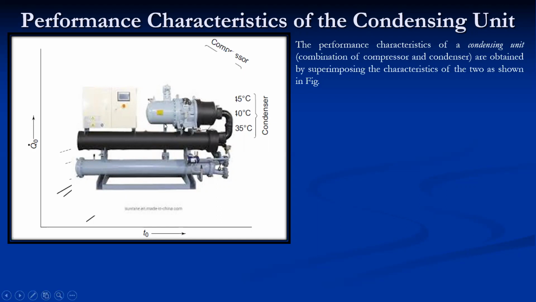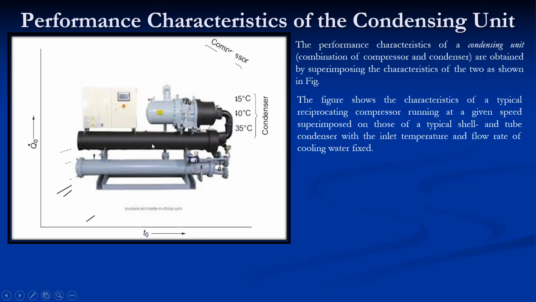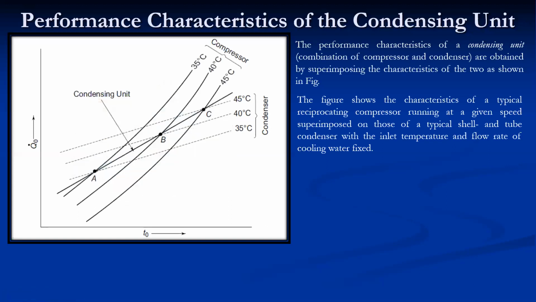Here, for simplicity, we consider a reciprocating compressor running at a given speed, and superimpose its characteristics on the shell and tube condenser. In this shell and tube condenser, the inlet temperature and mass flow rate of the cooling water are fixed. Considering this, the combined characteristic curves are developed.